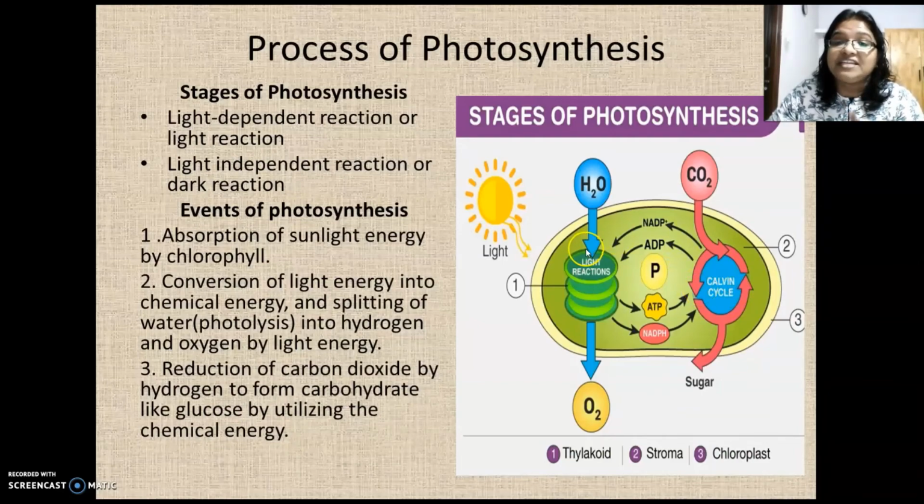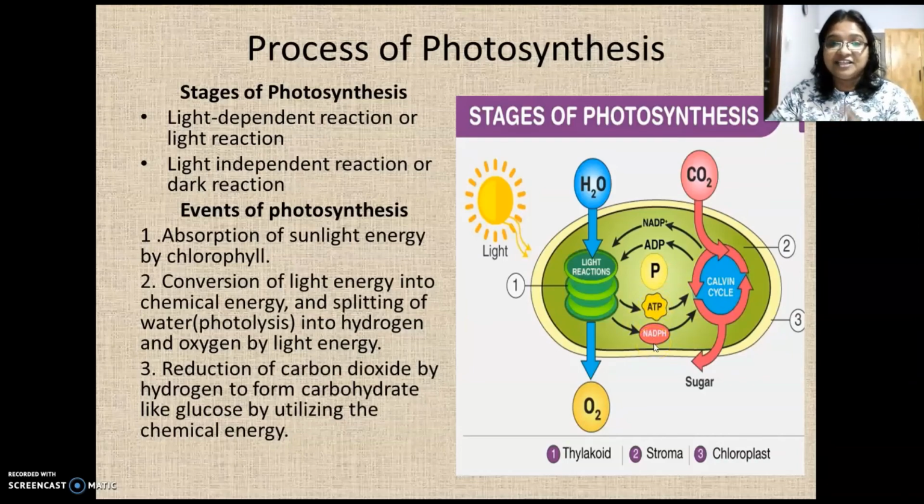I told you, light reaction takes place inside the granum, whereas dark reaction takes place in the stroma. In dark reaction, what happens? The ATP and NADPH produced by light reaction are utilized to produce glucose. Carbon dioxide is being fixed and converted into glucose by using the energy molecules ATP and NADPH2.